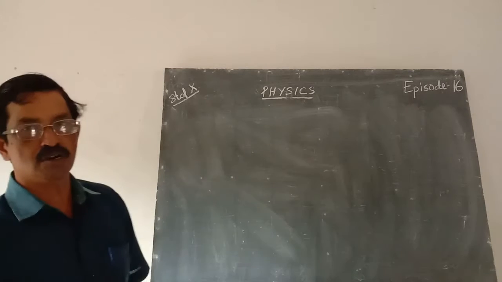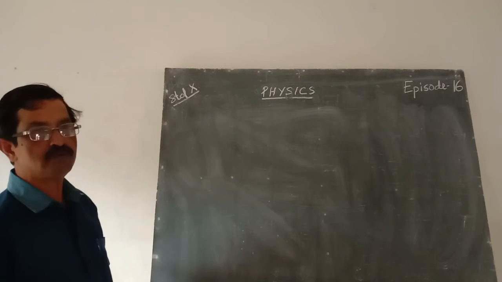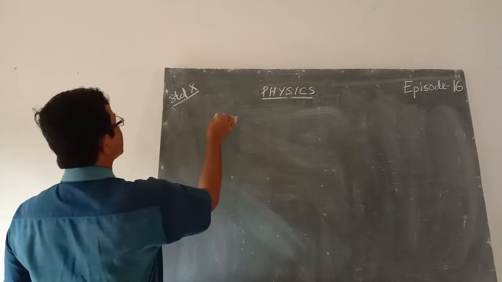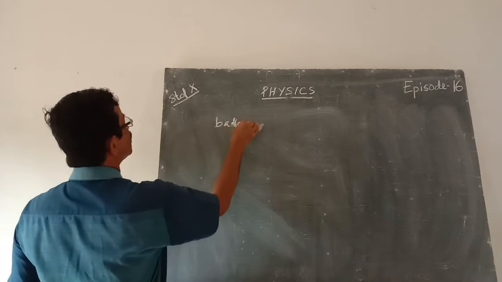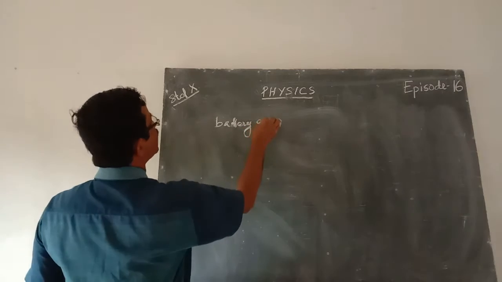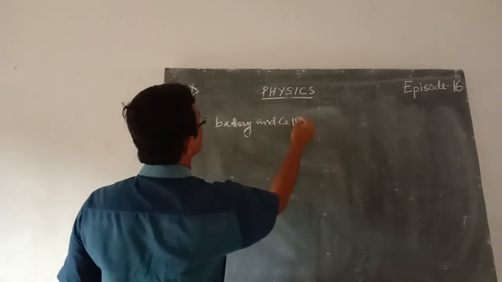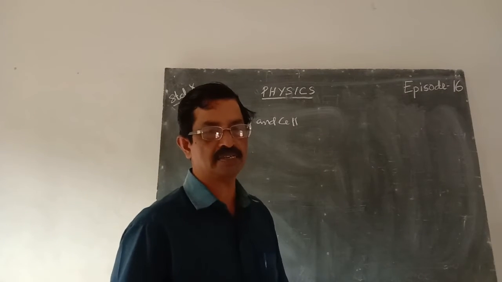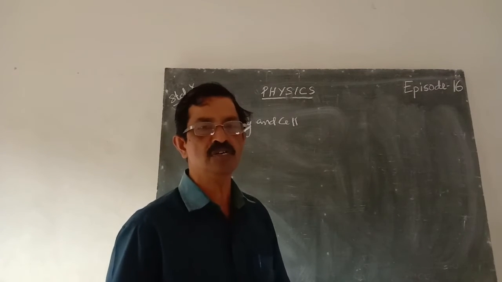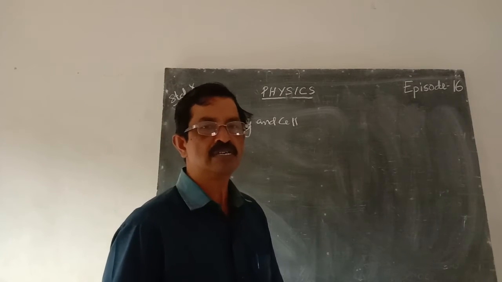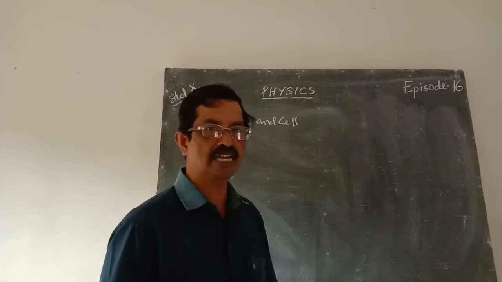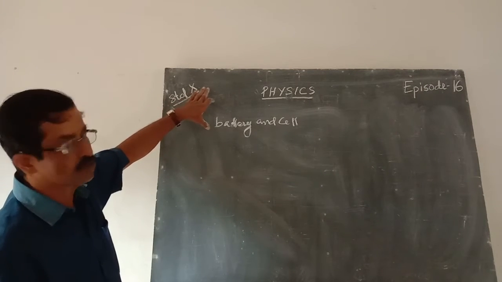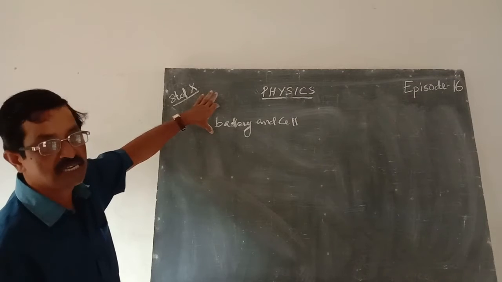First of all, we want to know what the sources of electrical energy are: battery and cell. Some other sources also are generator and dynamo. Here we are discussing the battery and the cell as electrical energy sources.